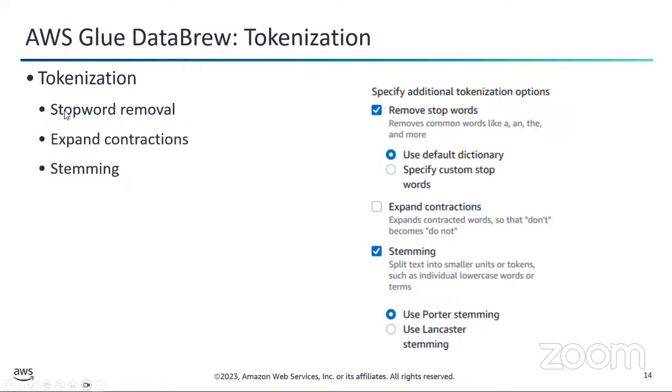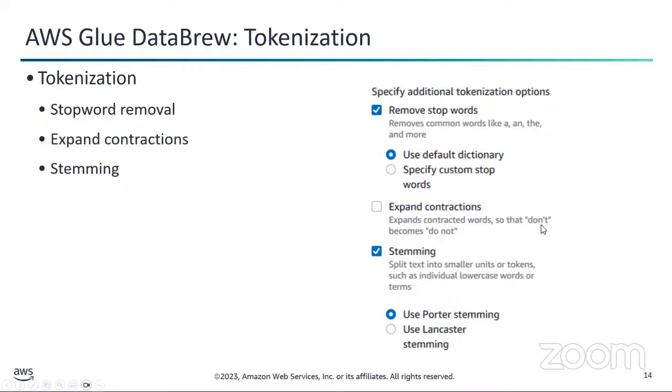These are helper words. They really don't contribute anything to your NLP project, so you remove them. You can use the default dictionary, or you can have your own custom stop words which you don't want based on your requirements.